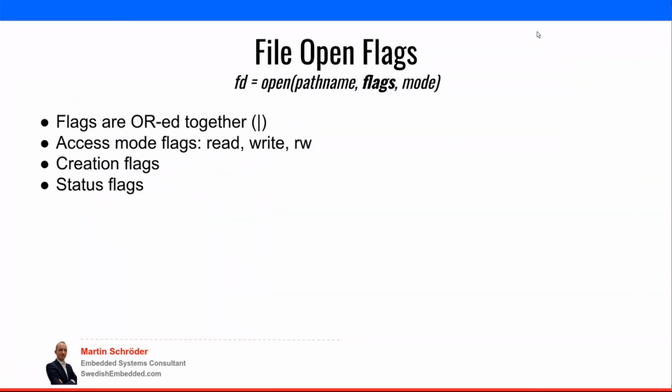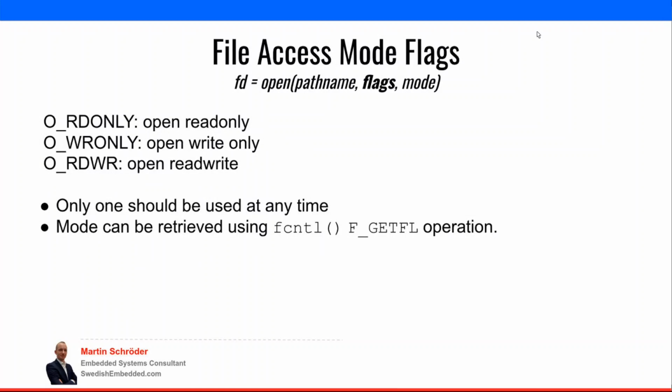These flags specify how you want to use the file and how the file behaves when you read and write to it. So let's look first at the file access mode flags, which we already briefly discussed. The important thing to realize is that we can actually change these flags after we have opened the file. We can use the fcntl function with the F_GETFL operation to get the flags, and the F_SETFL operation to set the flags.